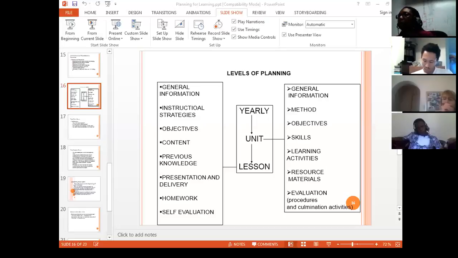Now I want each of you to think about your ideal lesson, from the perspective of the teacher and from the perspective of the learner. I want you to jot down one thing, write it so we can all see it on our screen. You're going to share your screen for me. Jot down one thing that you want to see in that lesson from the perspective of the teacher or the student.